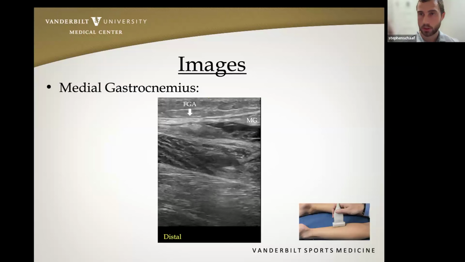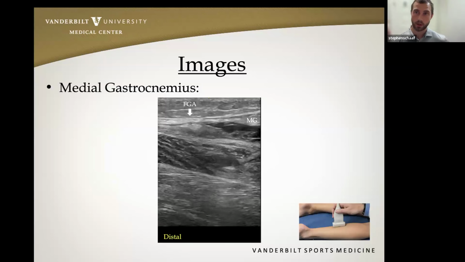But as we had mentioned, one key thing as we're going down distally is that there's actually going to be a unique portion of the medial gastroc that will be void of muscle tissue, that will still be the aponeurosis. This is known as the free gastrocnemius aponeurosis. This will continue to go separately and then converge with the soleus, and this will ultimately make the myotendinous junction of the Achilles tendon.